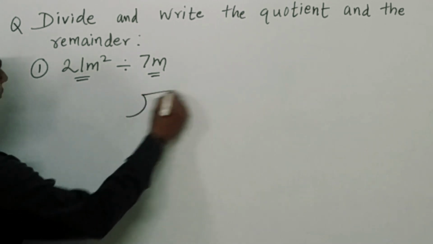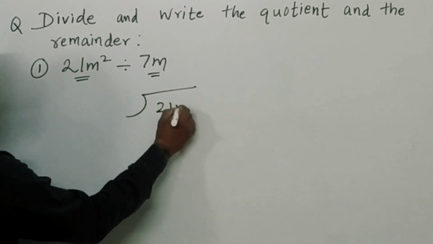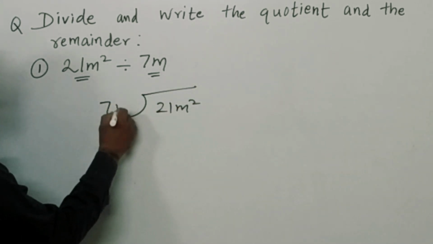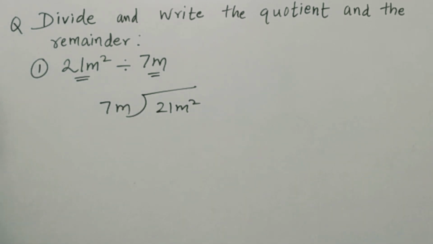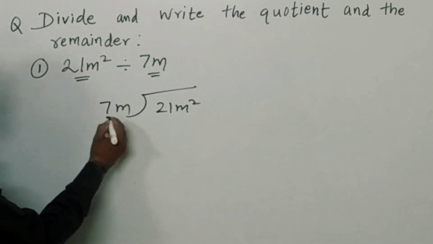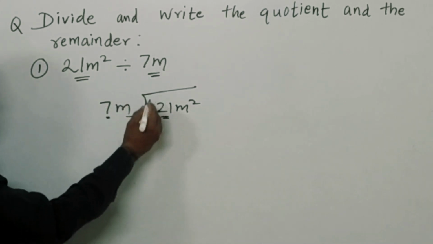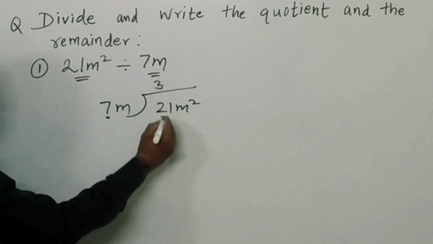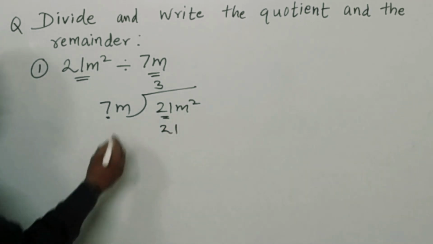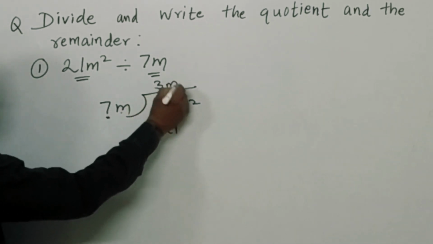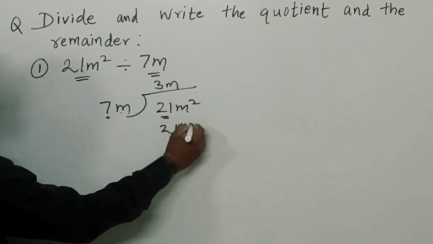So let us divide 21m square by 7m. So here 7 and 21. 7 1s are 7, 7 2s are 14, 7 3s are 21. m into m is m square.